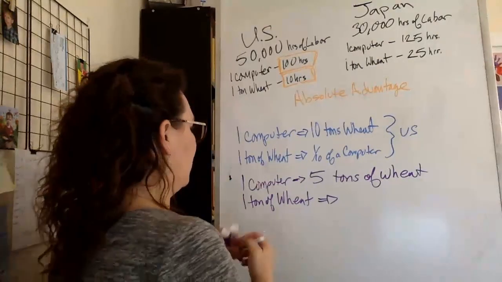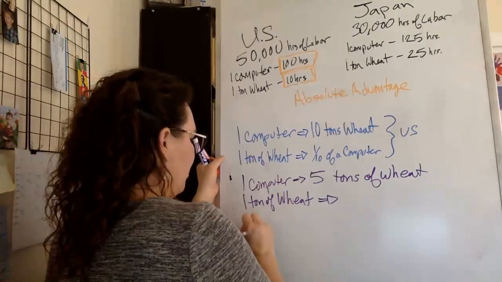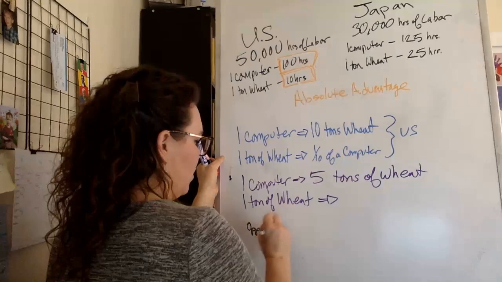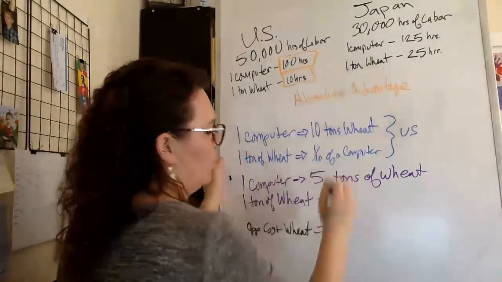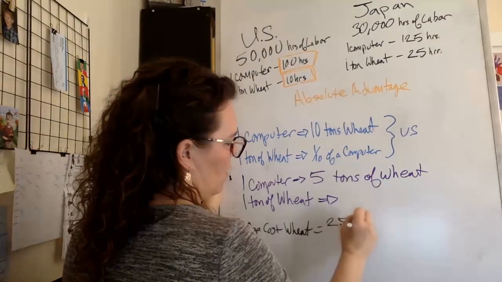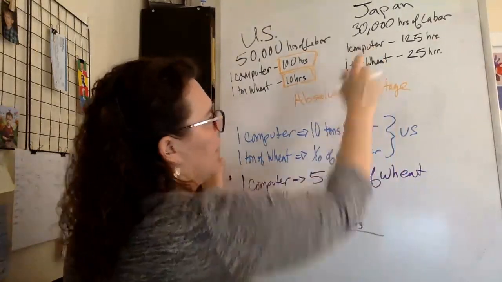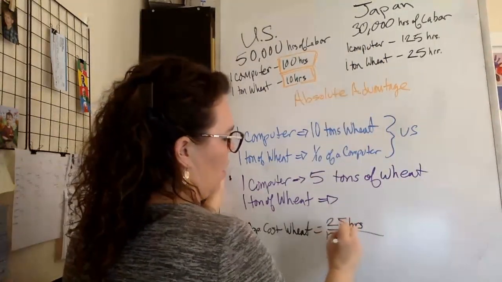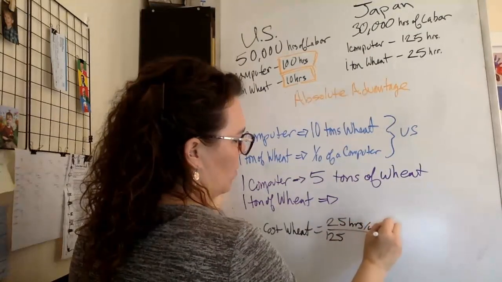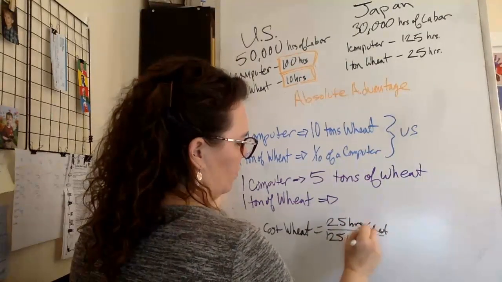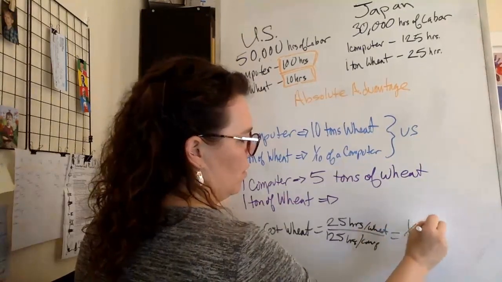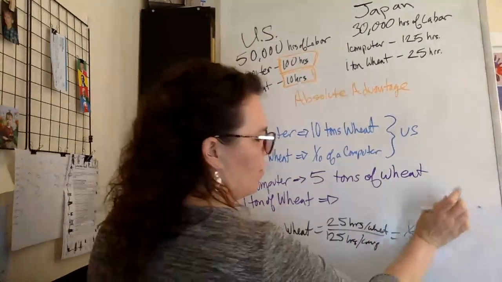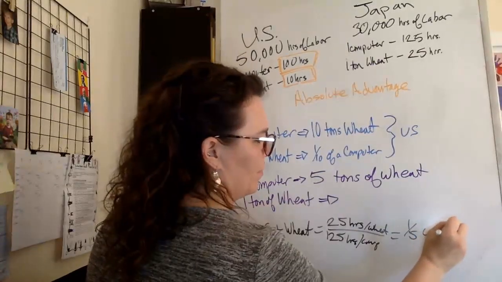And so if we're looking at the opportunity cost of wheat, it's going to be equal to the cost of wheat divided by the cost of computers, which equals 1/5 of a computer.